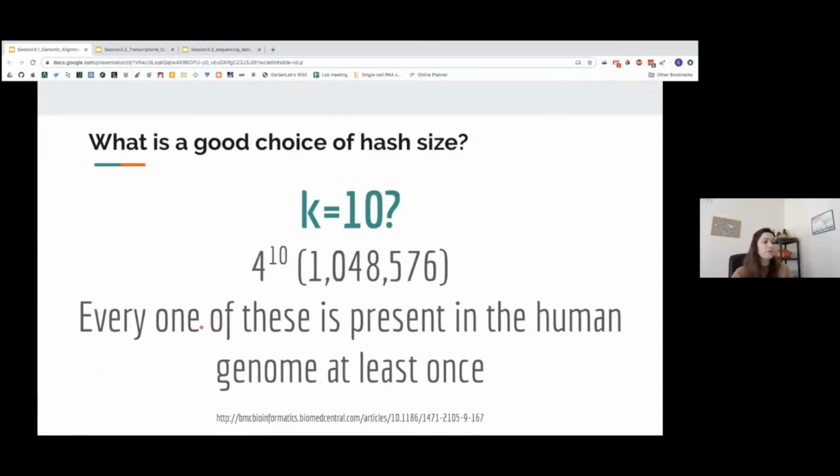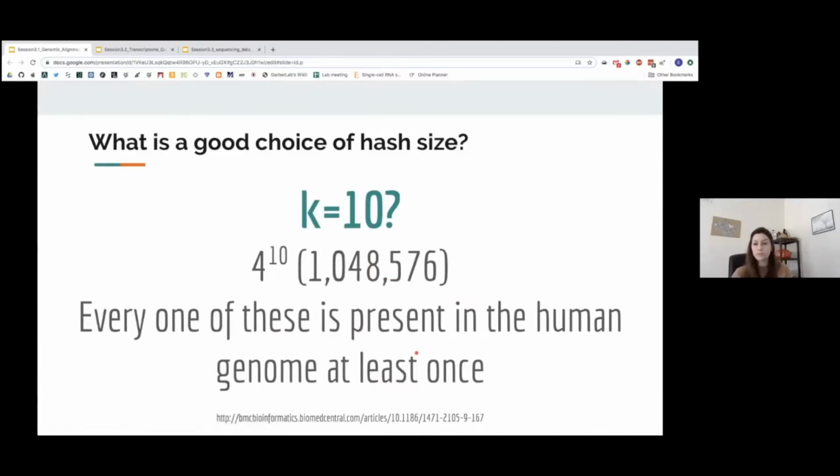And every one of these words is present in the human genome at least once. So even with a k-mer of size 10, you will certainly find many different positions in the genome where a similar word came from.